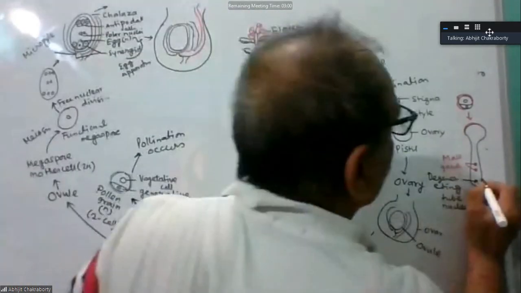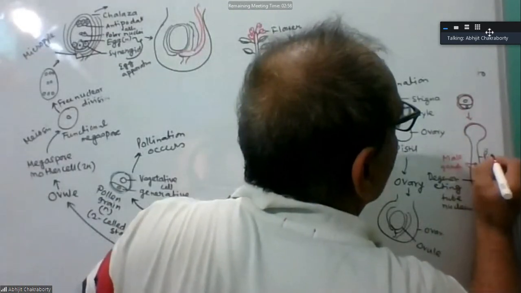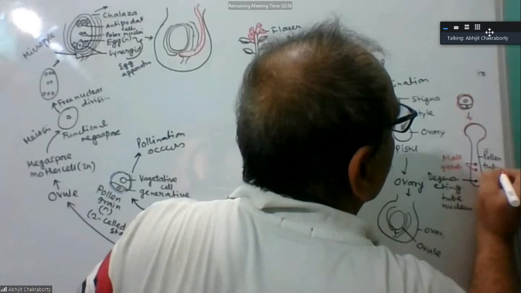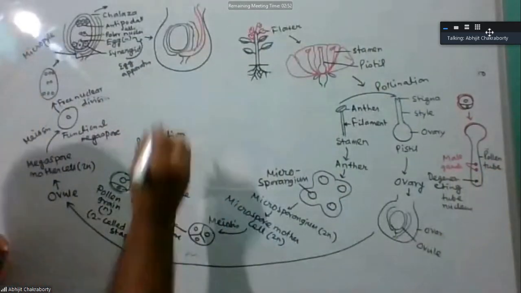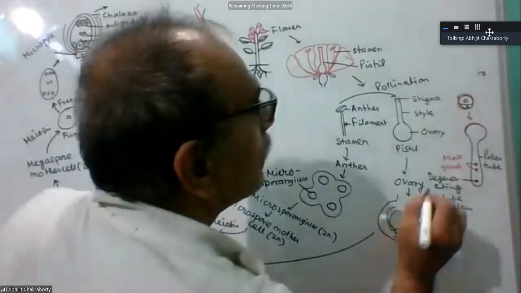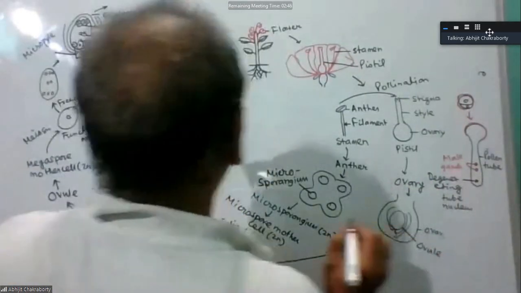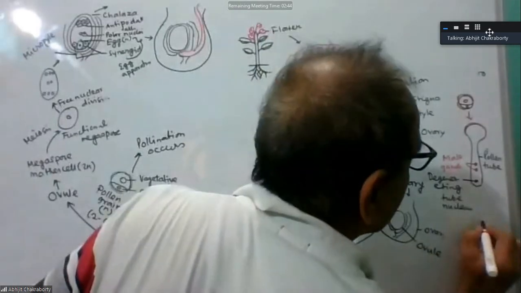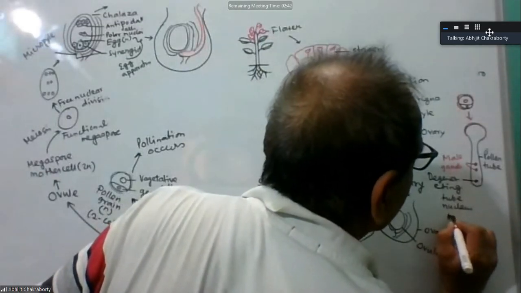This structure is called the pollen tube. So in this way, the generative cell divides to form two male gametes. Suppose this is the generative cell.